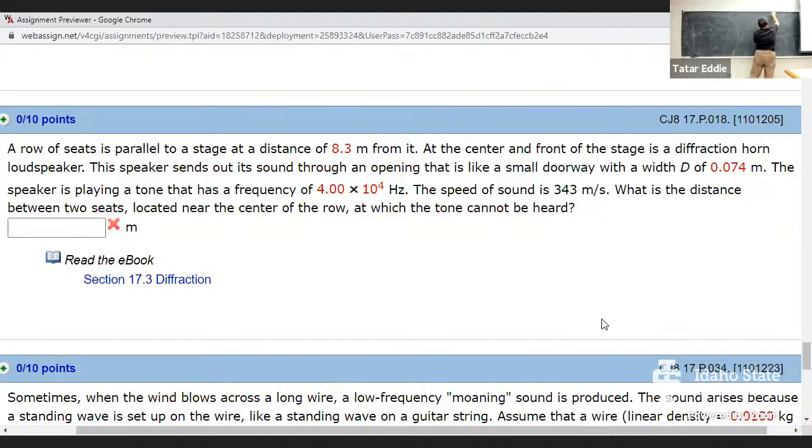And of course, you're going to have a secondary maximum after that, but they're asking about this distance. So this is the distance that we are supposed to find. Call that distance y from here to here. And this is what we're supposed to determine.